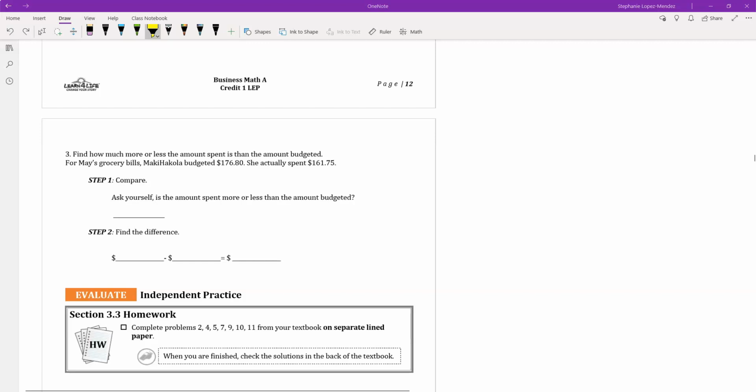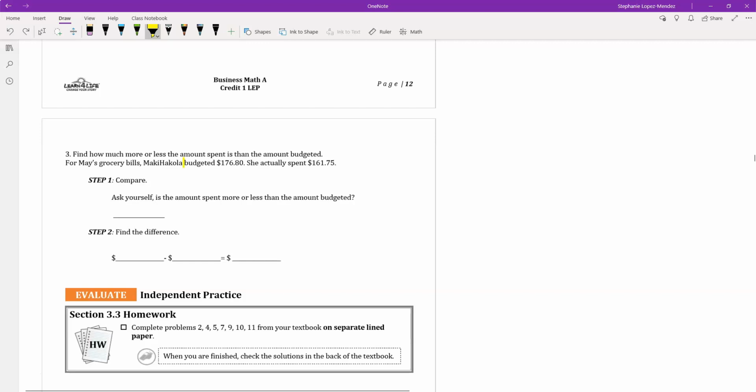Here it says, find how much more or less the amount spent is than the amount budgeted. Okay, so we have that for May's grocery bills, Maki Hakola budgeted $176.80, but she actually spent $161.75, right? So we are going to do the same first step as the previous problem, and we're going to ask ourselves, is the amount spent more or less than the amount budgeted?